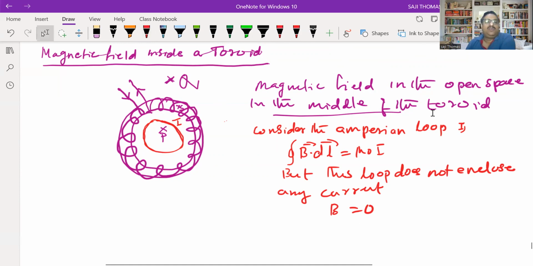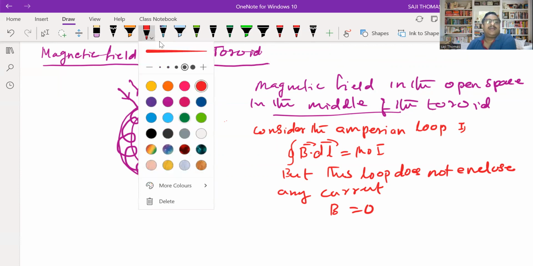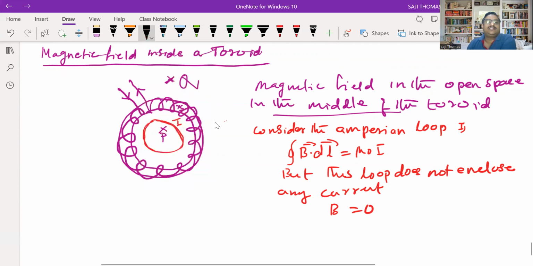Now we have to find out the magnetic field in the interior of the toroid. So you need another Amperian loop. Considering Amperian loop 2, you consider the point in the interior midpoint of that ring. This is Amperian loop 2.